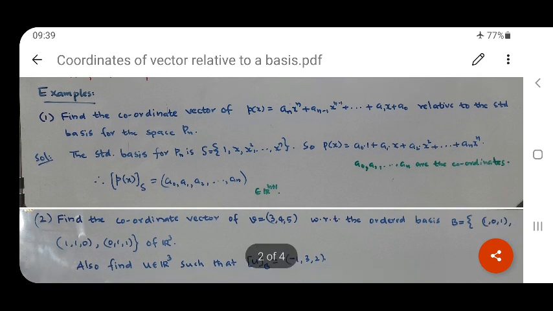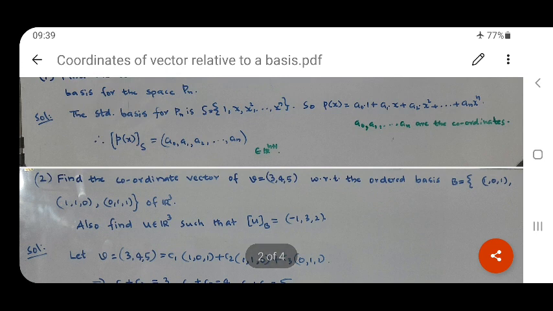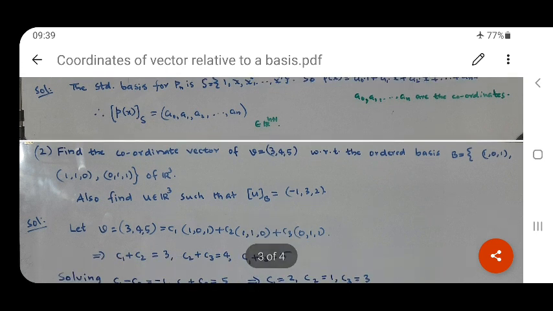So the coordinates will appear in the order a0, a1, a2, etc., an. Therefore, the coordinate vector of p(x) relative to this basis is (a0, a1, ..., an). Observe that it is an element of R^(n+1). We know that the dimension of Pn is n plus 1.